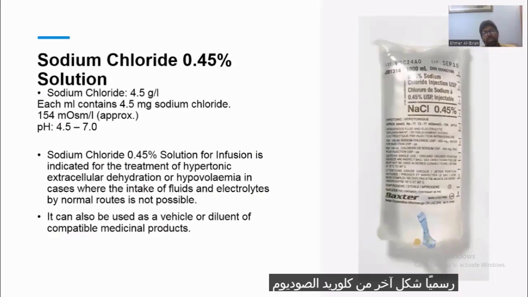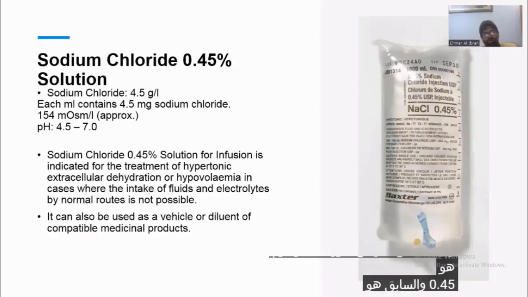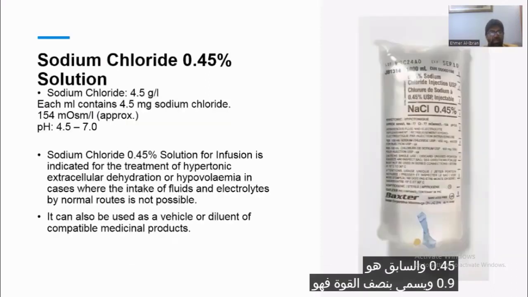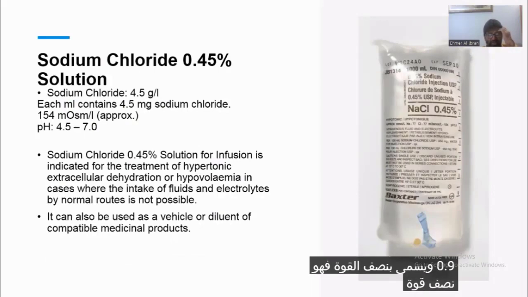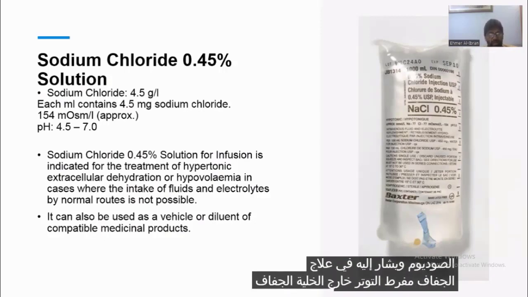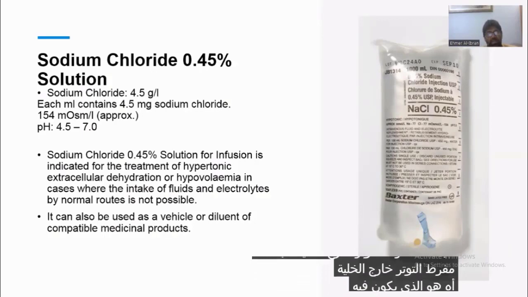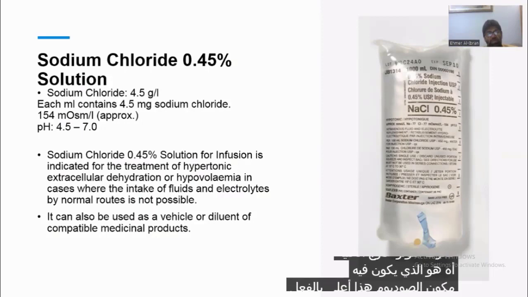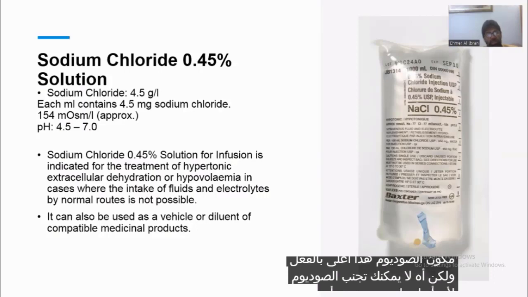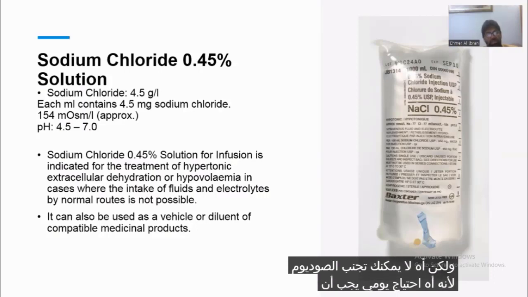Another form of sodium chloride is 0.45%. The previous one is 0.9%, and this is called half strength. It is indicated in the treatment of hypertonic extracellular dehydration, in which the sodium component is already higher, but you cannot avoid sodium because you need the daily requirement.